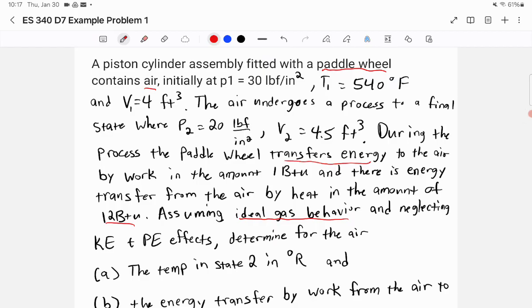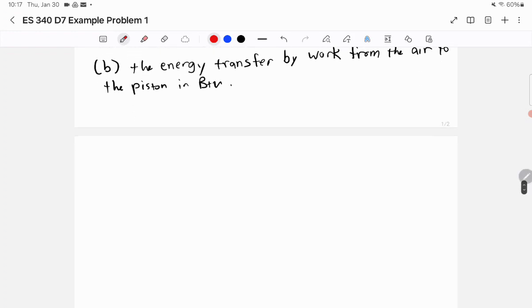So what does that mean? Immediately, you should be thinking that means that z is approximately equal to 1. So we'll take z to be 1, which implies, since it's ideal gas, that we have PV equal to RT.